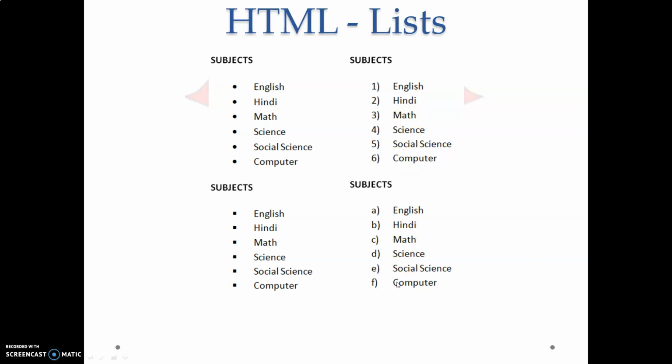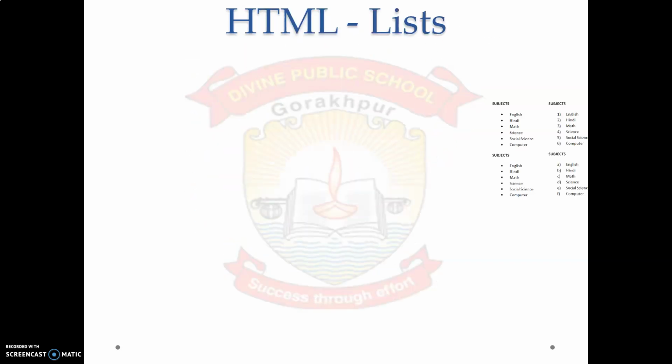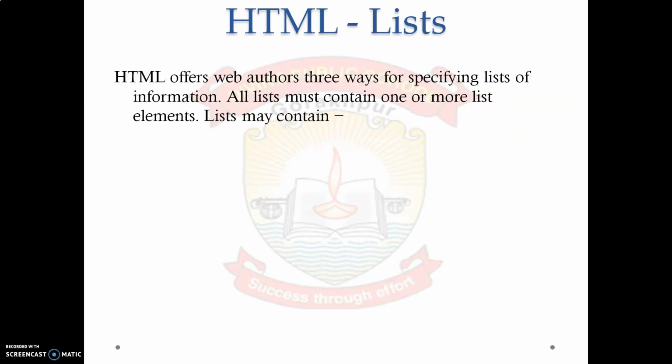Okay, let us see in detail which kinds of list we have to learn in HTML. HTML offers web authors three types for specifying lists of information. All lists must contain one or more list elements.